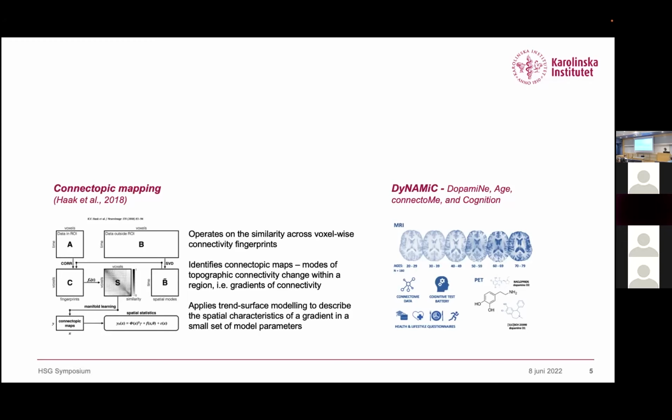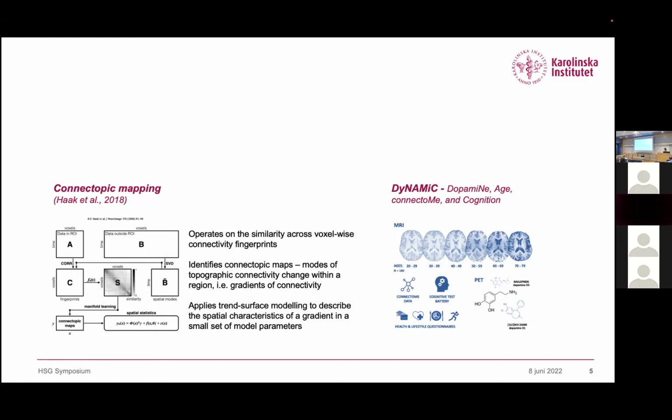And we have a lot of data from these individuals, and it's resting state fMRI data that we're using in this study. And we also have PET data for all of these individuals, which means that we can assess the availability of the dopamine D1 receptor in the brain.